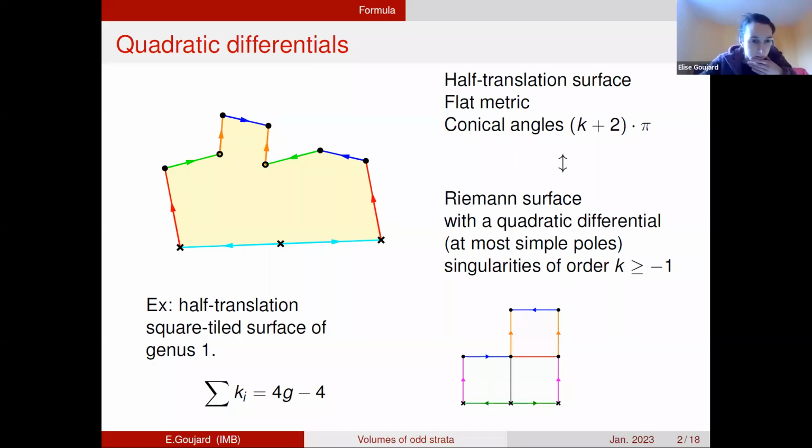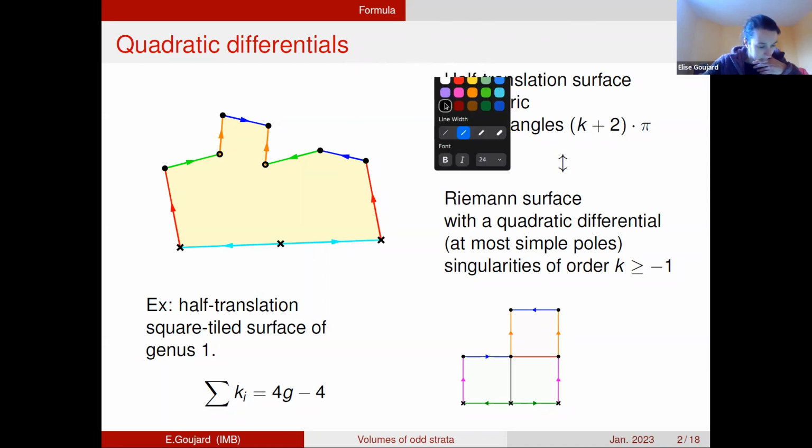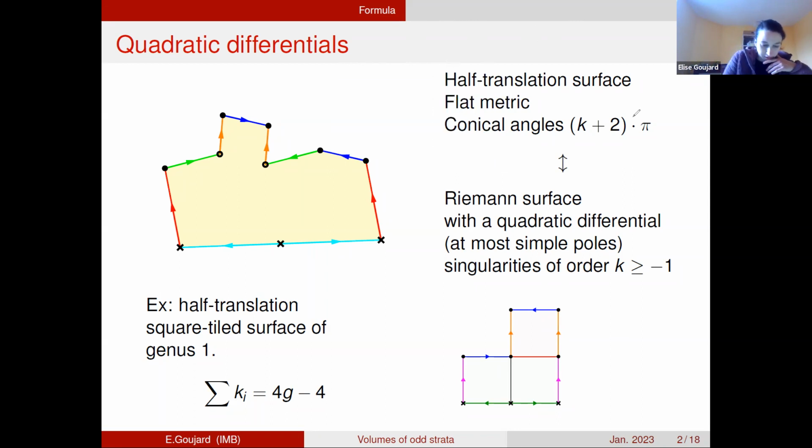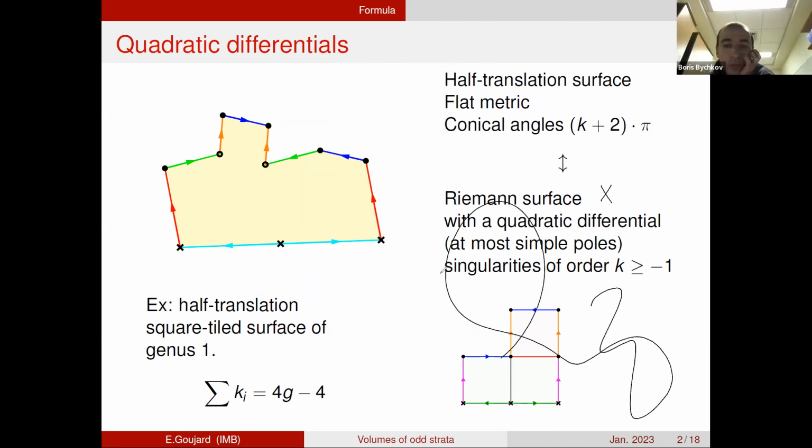Share. Maybe I will try the screen. Maybe it's better. Let's see. I try again. Can you see this here? Yeah, now it works.